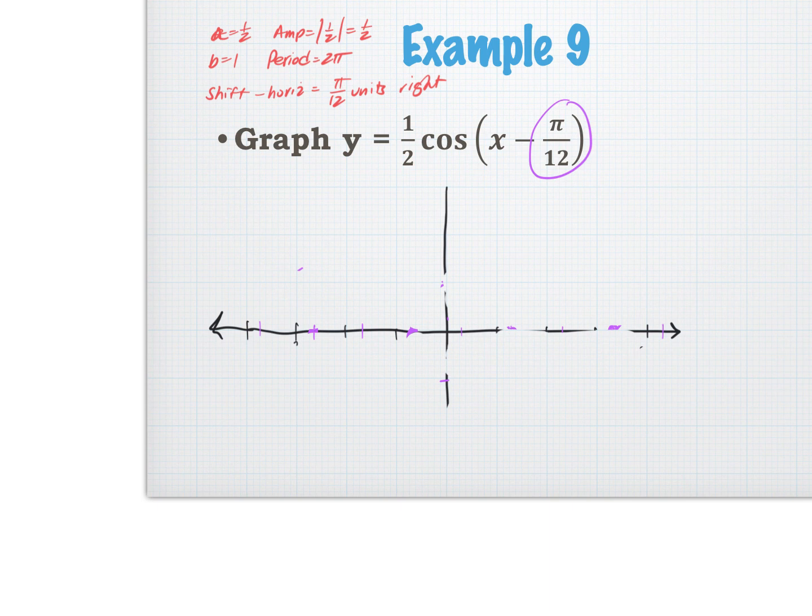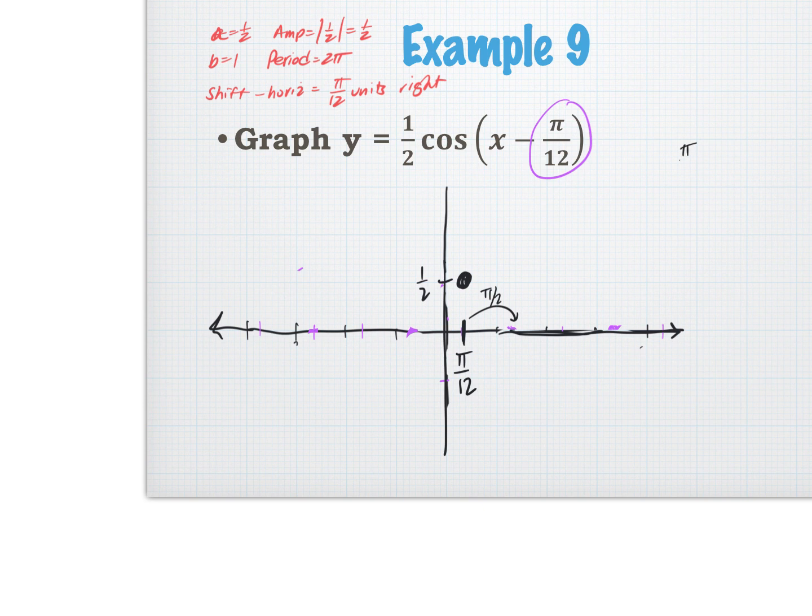But when you see this pi over 12 shift to the right, you know that's going to be your starting point. And in a cosine graph, that's your first point up there at the high, the max, the half. And now each point is going to be pi over 2 units to the right of that.